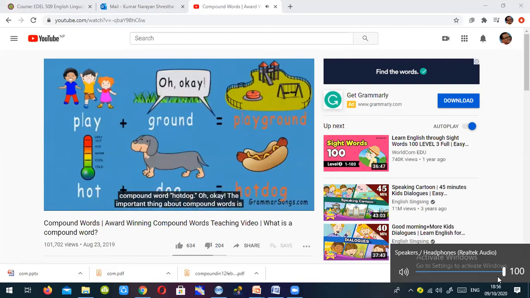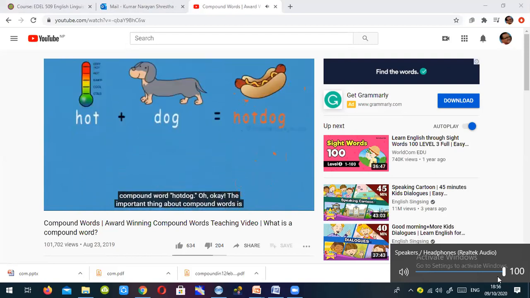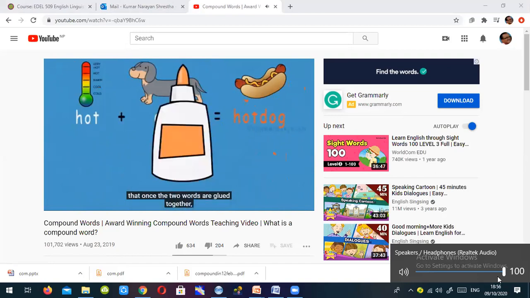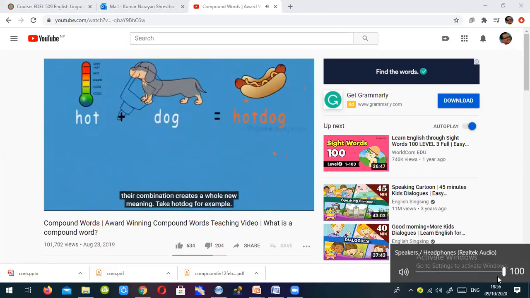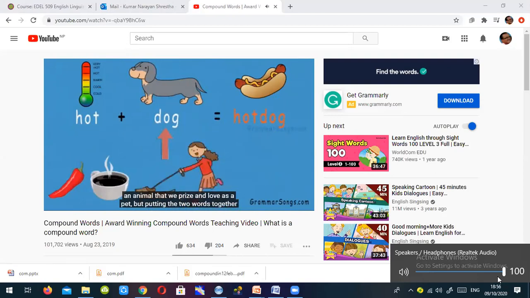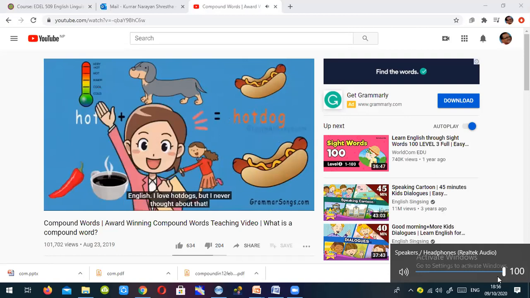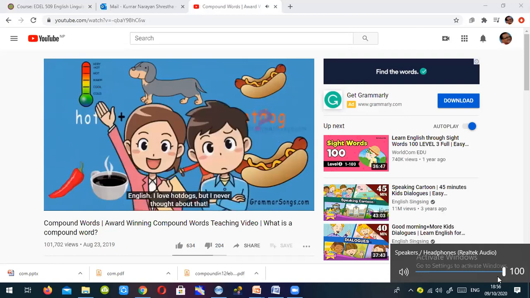The important thing about compound words is that once the two words are glued together, their combination creates a whole new meaning. Take hot dog, for example. Something that is hot can be spicy or quite warm in temperature. And a dog is an animal that we prize and love as a pet. But putting the two words together makes a food we eat. This could be quite confusing for people learning to speak English. I love hot dogs, but I never thought about that.